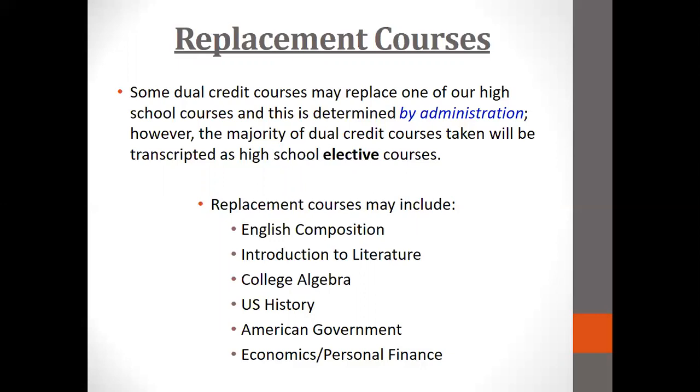Last one: the state requires you to take economics or personal finance. At Viber Curly, we only offer personal finance as a senior, sometimes junior, but mostly senior. If you take an economics class, so Econ 201, that can take the place of your personal finance your senior year of high school.